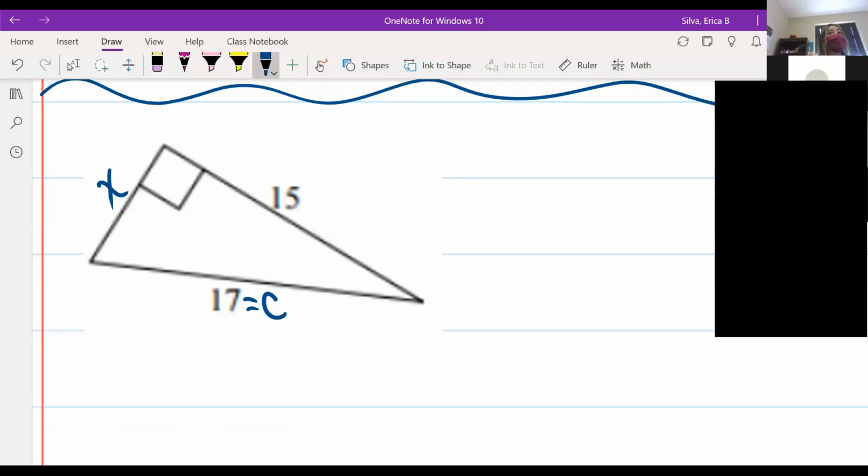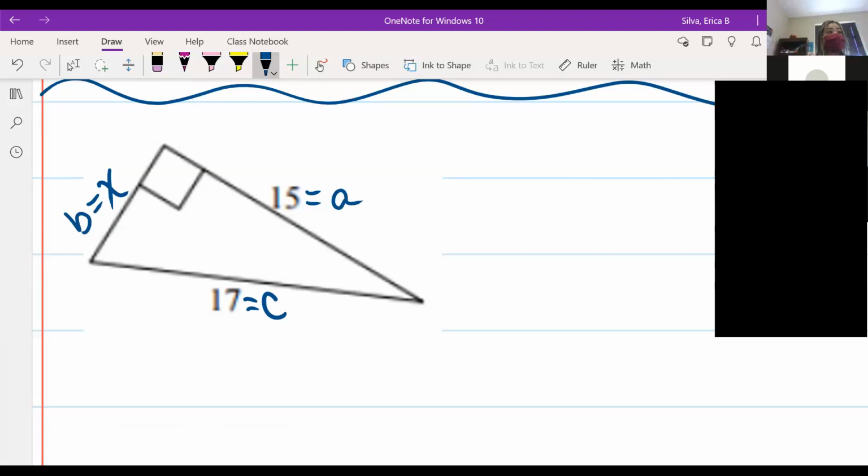And now it doesn't really matter if it's A or B, but I want to keep it consistent. The side that they're giving us, we're going to call that side A. The side that's missing, I'm going to call B. Can you switch it around? Yes, but I want to keep it consistent. So the one that we know, A. The one that we don't know will be B.